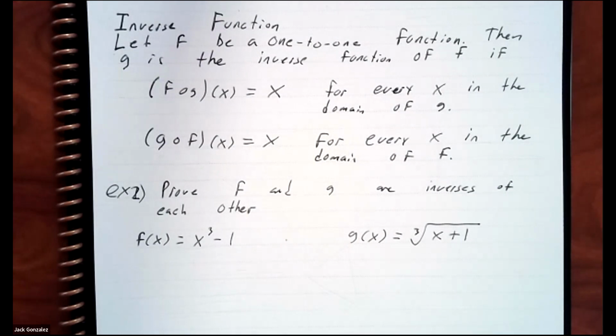So just compose them. Also, if they are inverses, then the domain of one of them will be the range of the other, and the range of the one will be the domain of the other. So if you have F, domain of F will become the range of its inverse. That makes sense.